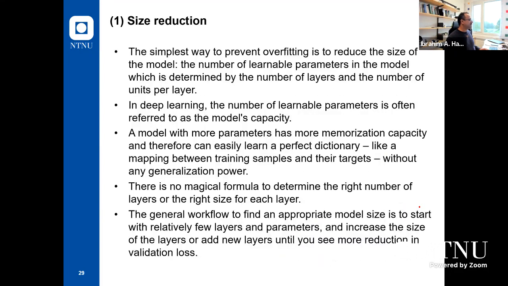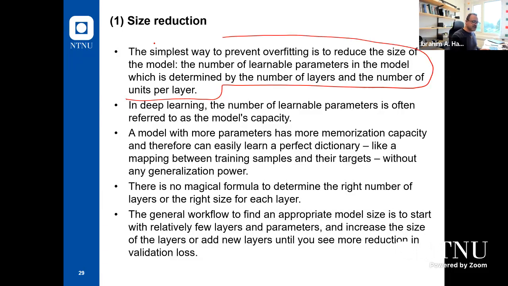There are many ways, in fact. The simplest way to prevent overfitting is size reduction: reduce the size of your model, meaning the number of learnable parameters, which is determined by the number of layers and number of units per layer. We try to work with a simple model as much as possible.